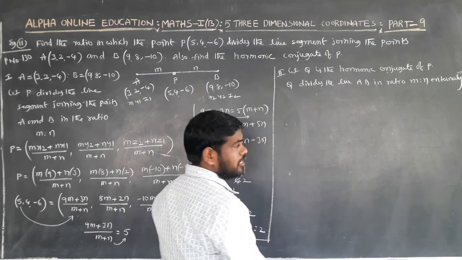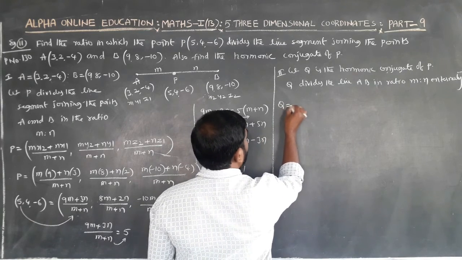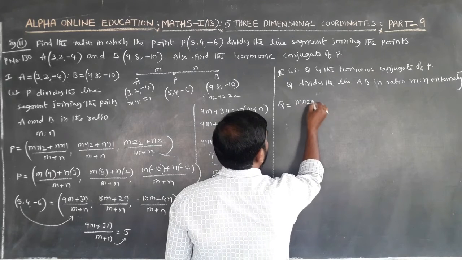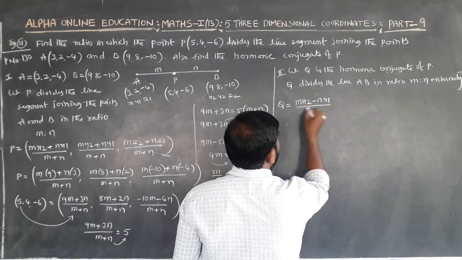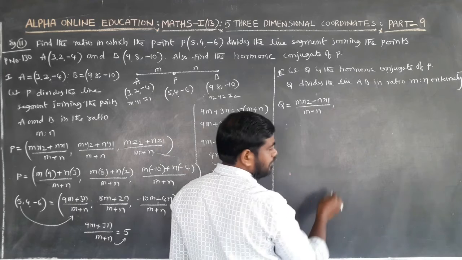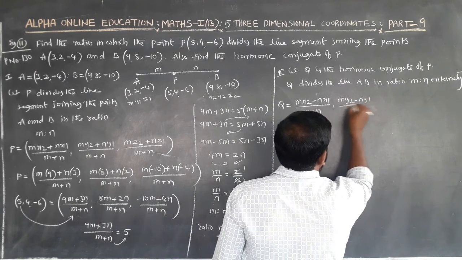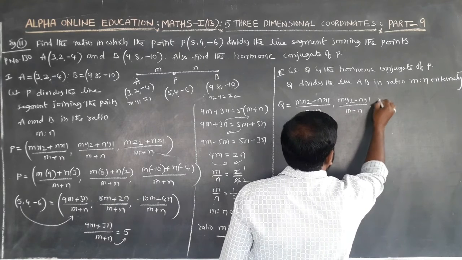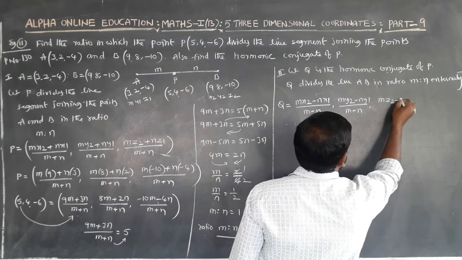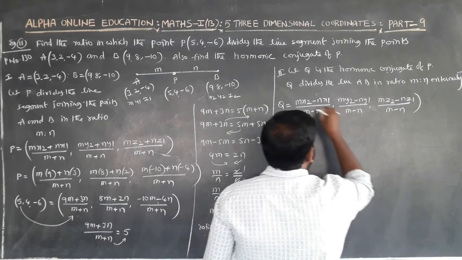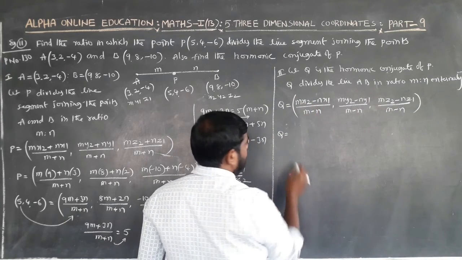So the coordinates of the point Q are ((m x2 - n x1)/(m - n), (m y2 - n y1)/(m - n), (m z2 - n z1)/(m - n)).